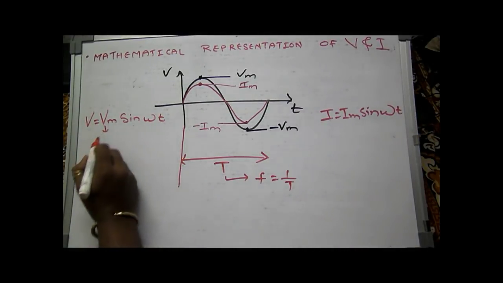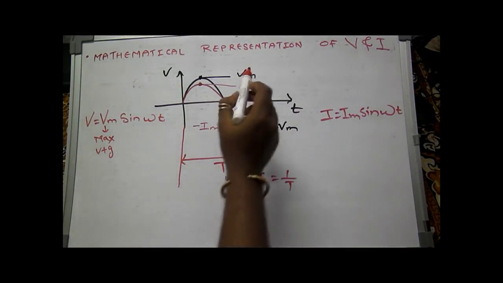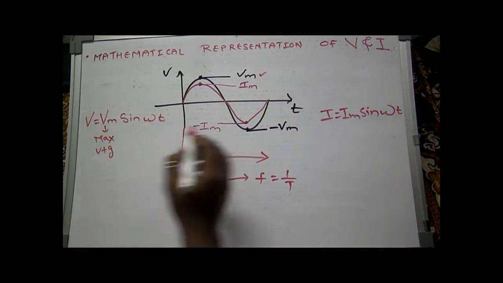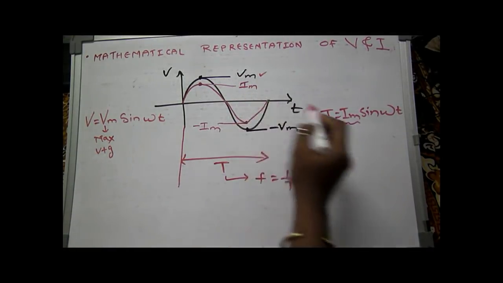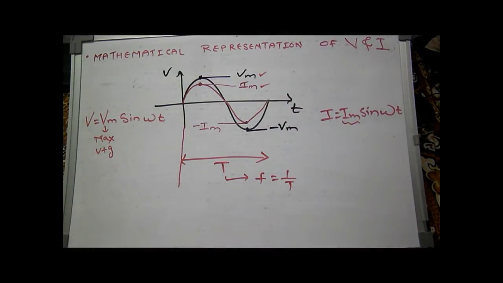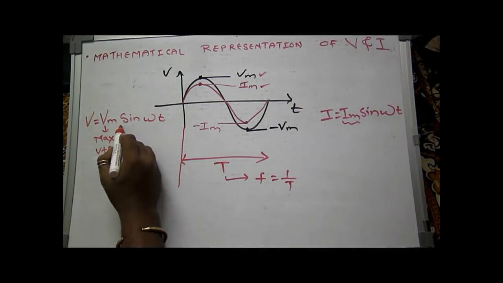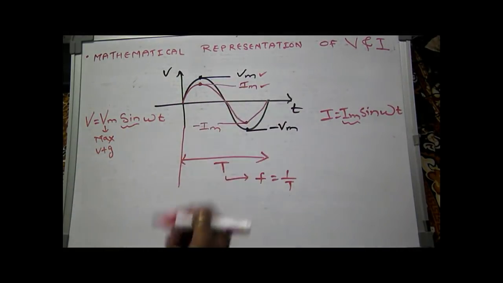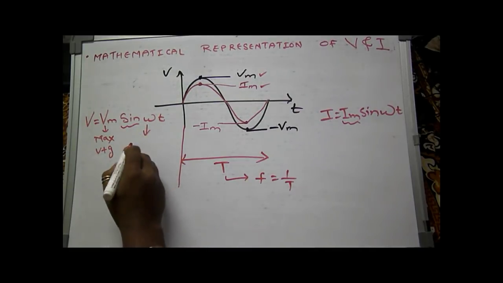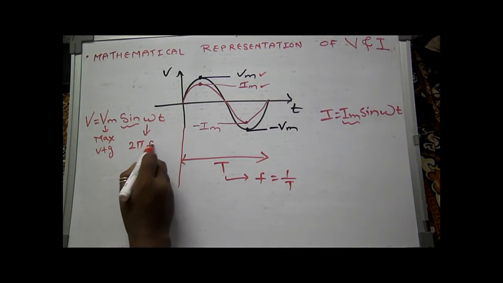Here Vm is maximum voltage, that is this point, this Vm. This Im is maximum positive current, that is this. Sine is the nature of the sinusoidal waveform. Omega is 2 pi into frequency.